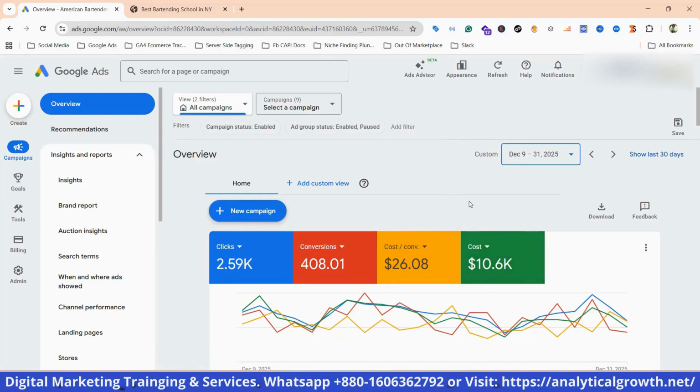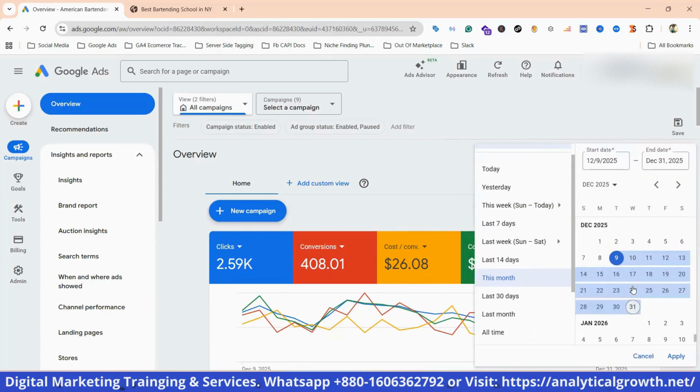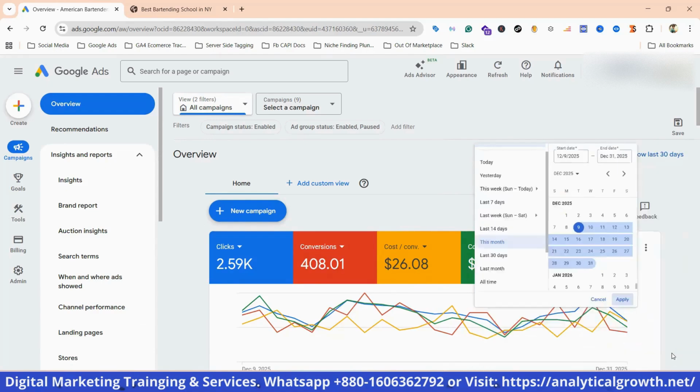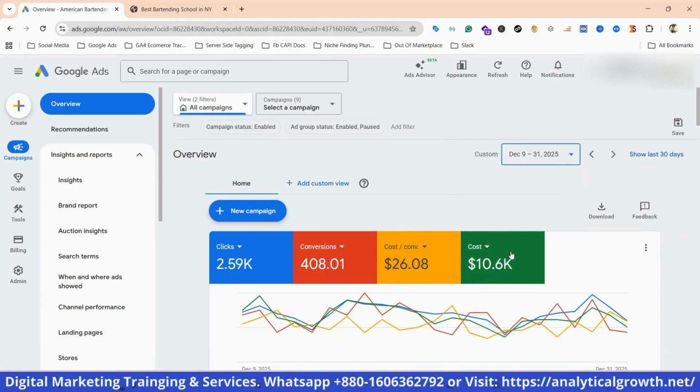You can see over here. And the spending was almost similar. Let me break down what I did in the first month.